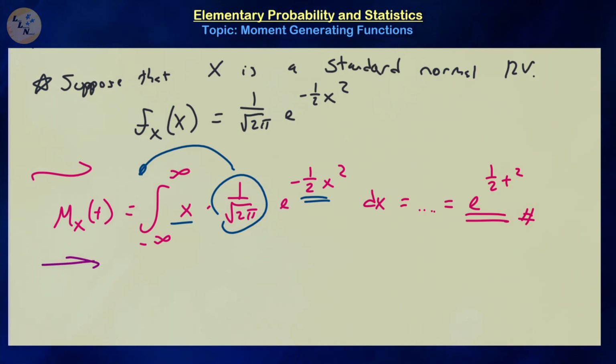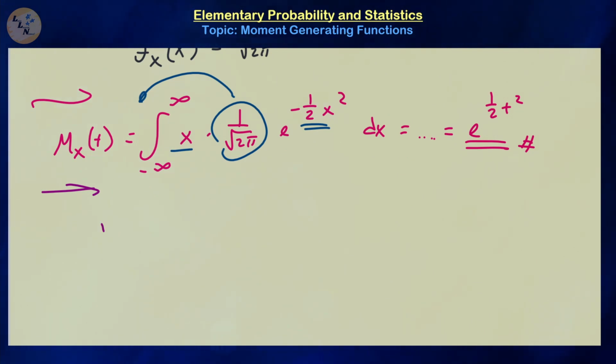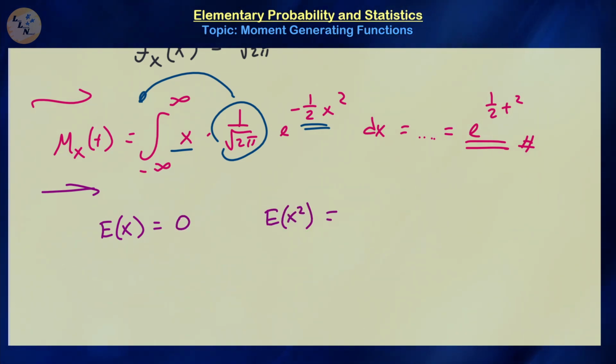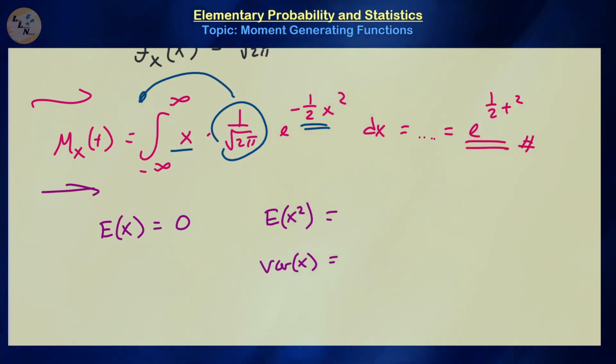And a fun little exercise, if you do know calculus 1 and derivatives, is that the expected value of this random variable, as we should know, should come out to 0. The second moment is going to come out to something, and maybe you can piece together these puzzle pieces, because the variance must be equal to 1, right?